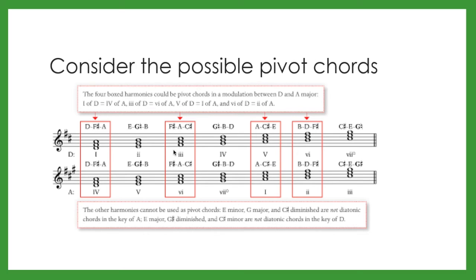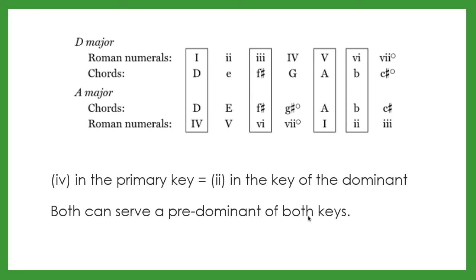And then the rest of it uses the same method, just by stacking up and comparing. The boxed ones are the pivot chords because they have the same quality. So to summarize, 1 and 4 are the same. The minor 3 and the minor 6 are the same. The major 5 and the major 1 are the same. The minor 6 and the minor 2 are the same.